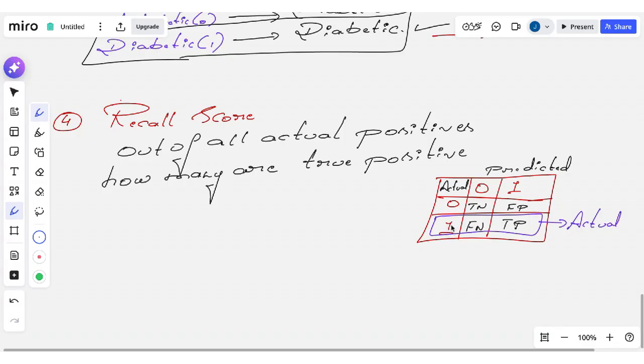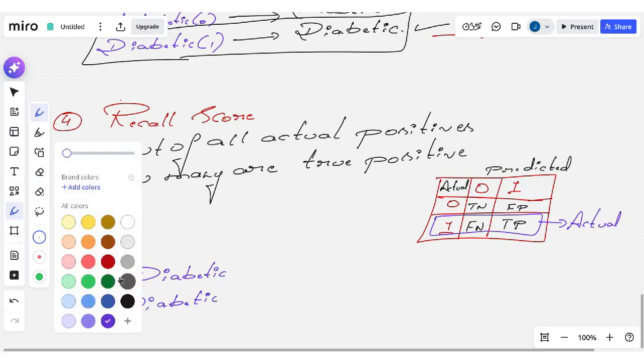Understood? Actual value, that means the patient is diabetic. The person has diabetes, symptoms confirmed. So now what will your model do?